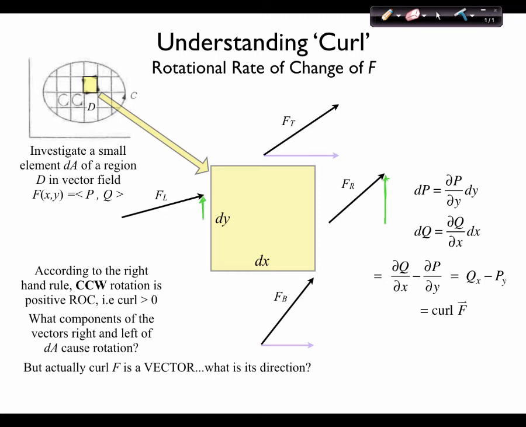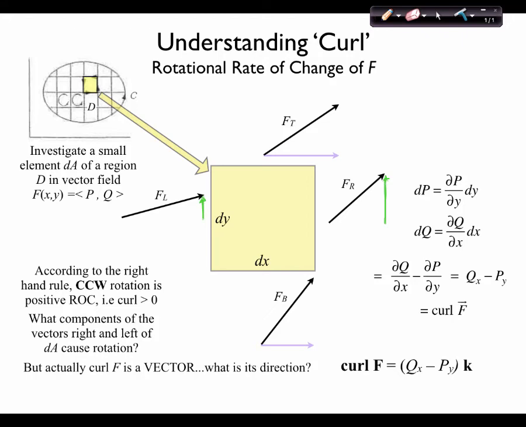The vector is going to be orthogonal to the plane of rotation. It's rotating in the plane of the screen, so the curl points orthogonal to that plane, in the positive k direction, coming out at you. The magnitude is the strength of rotation in that plane, and the direction is the vector orthogonal to that plane.